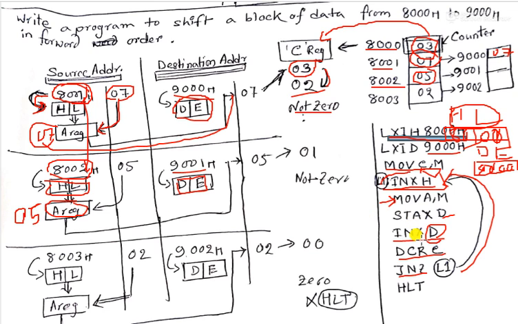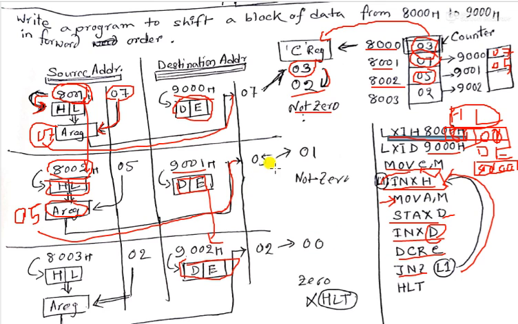Next, similarly, STAX D, that is 05 is moved to the D register pair address location, that is 9001. Now INX D: increment the DE register pair, that is 9002.